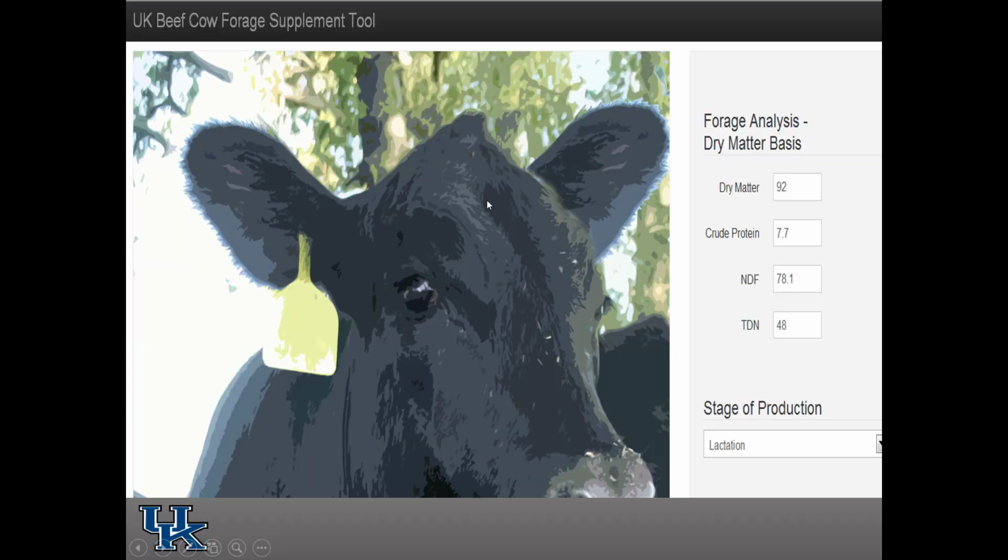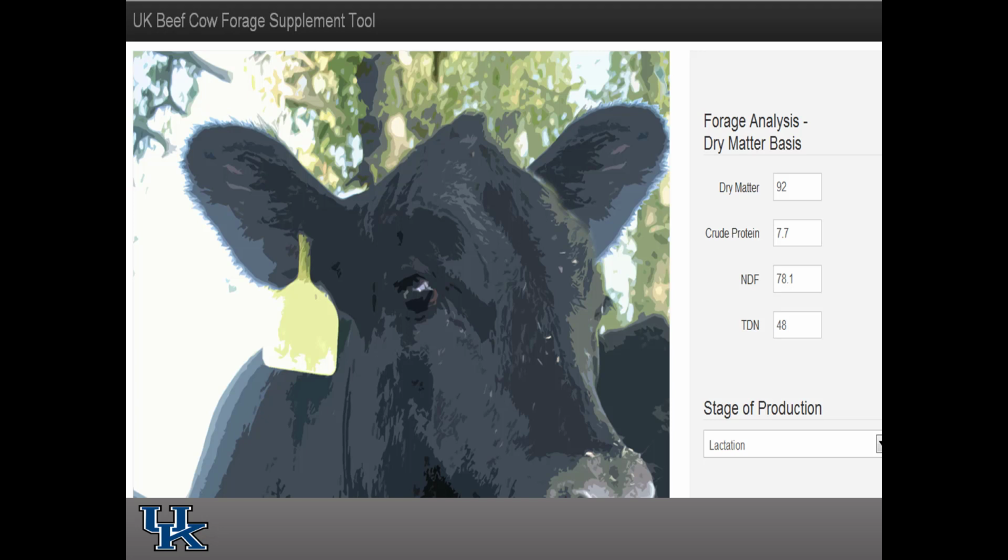Now, a more accurate and more comprehensive way of determining supplements for beef cows is one I want to share with you next. This is an online tool, the UK Beef Cow Forage Supplement Tool. You can get to it if you simply Google it. You can even run it from your cell phone, and I've done that before at a field day. And you're going to come up with a screen that looks like this.